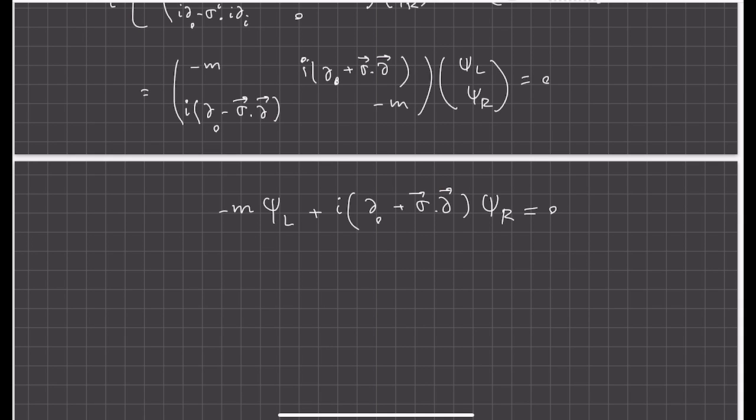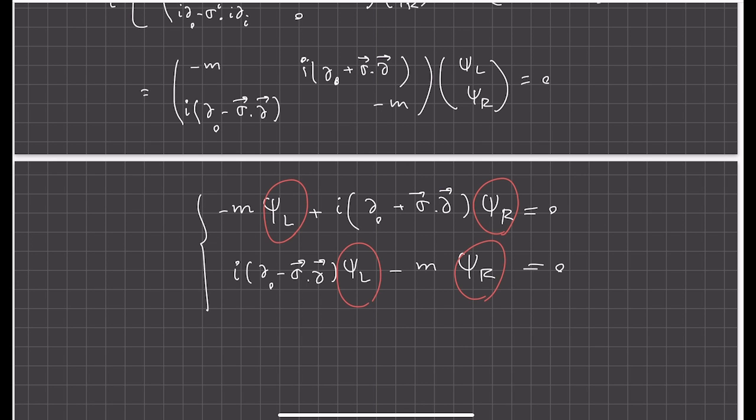And then the next term is I time derivative of psi L minus m psi R is equal to 0. So now we can see how the right-handed and left-handed components of this spinor are connected to each other. So they're basically coupled to each other. And that's the property of mass, how mass is playing a role in connecting psi R to psi L, right? So this is the mass.